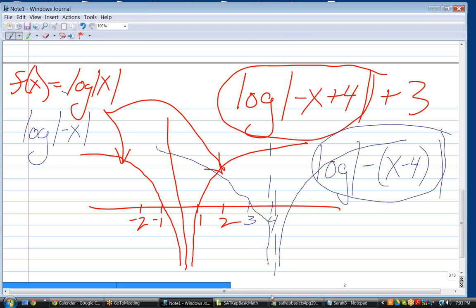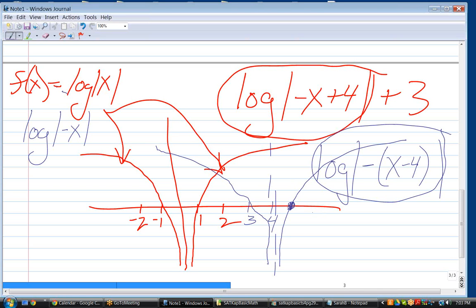But now, if x is 5, now we're taking the log of -1, which means we're taking the log of 1, and we would be on this point right here.